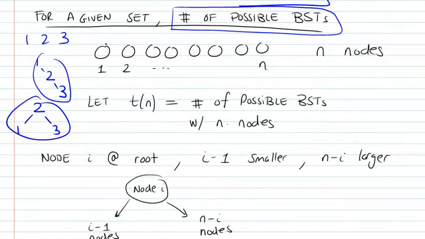So how many such possibilities can we find for a given set of elements? The way to do that is to use a recurrence relationship.